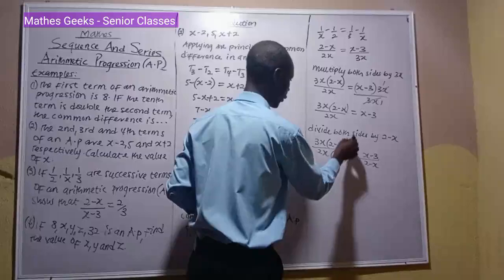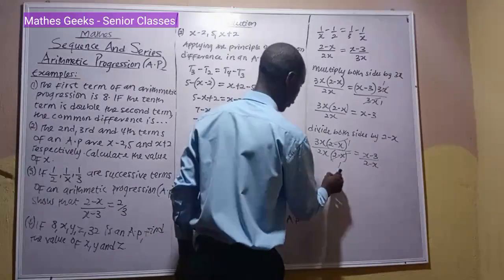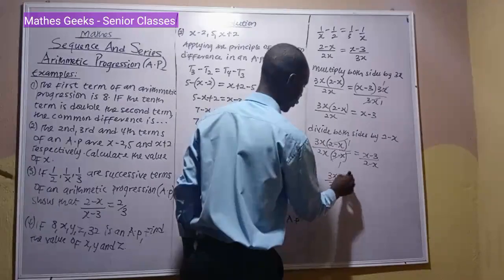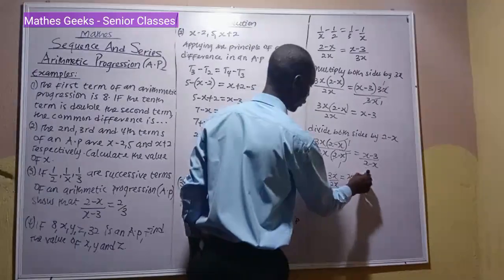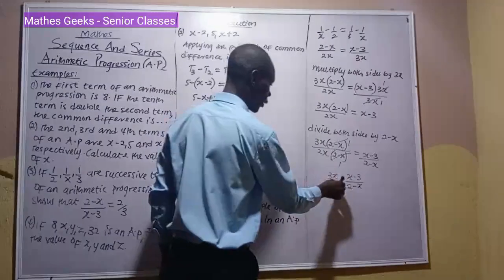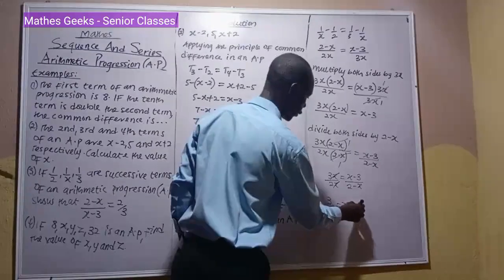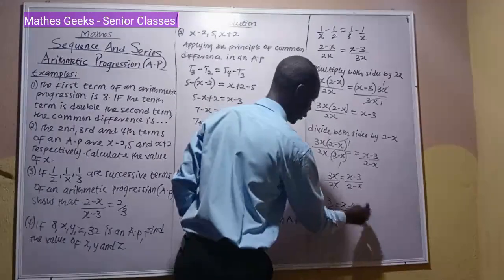This will cancel here, this will cancel here. So we have 3x over 2x is equal to x minus 3 over 2 minus x. So here x cancels x, we have 3 over 2 is equal to x minus 3 over 2 minus x.